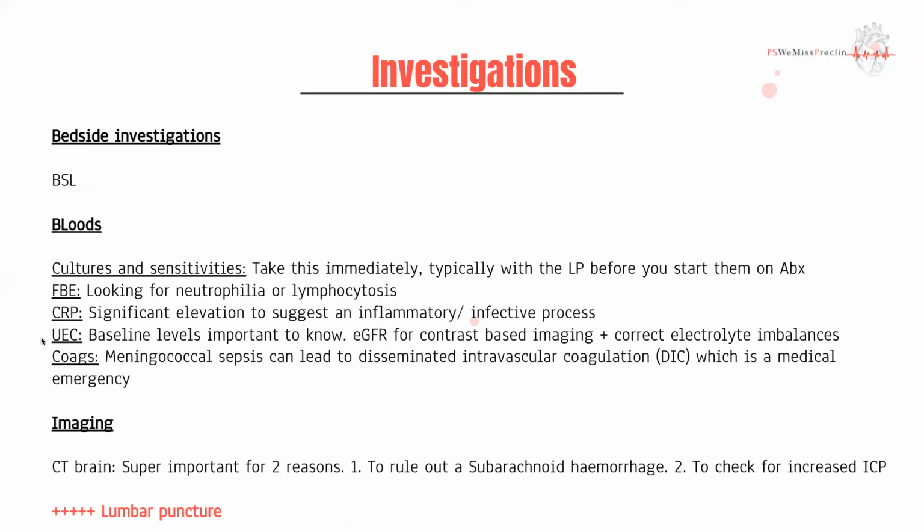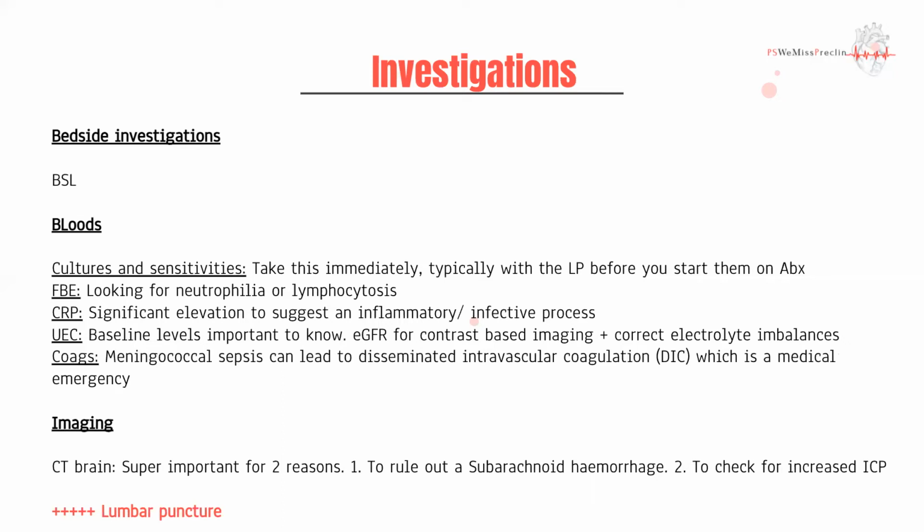On an FB, we'll be looking for a neutrophilia, typical of a bacterial meningitis, or a lymphocytosis, typical of viral meningitis. A CRP that's elevated is a non-specific indicator of inflammation. We just know that there's inflammation of some sort going on. And it would not be the best indicator if you obviously have other things to corroborate your clinical perspective.